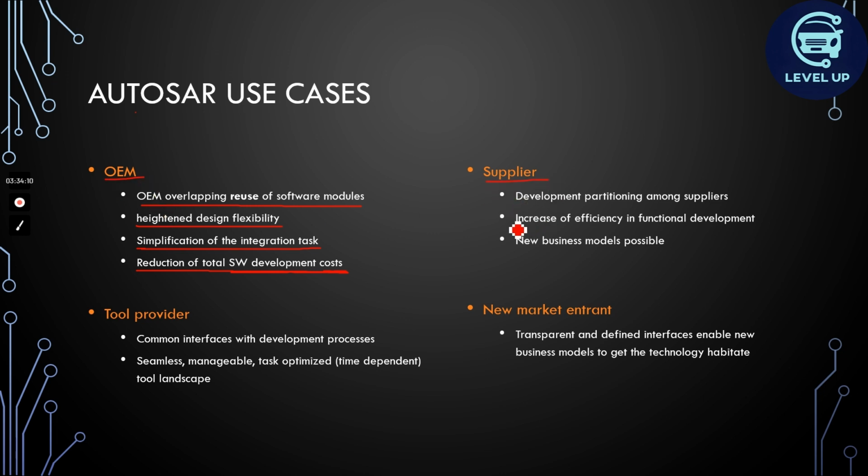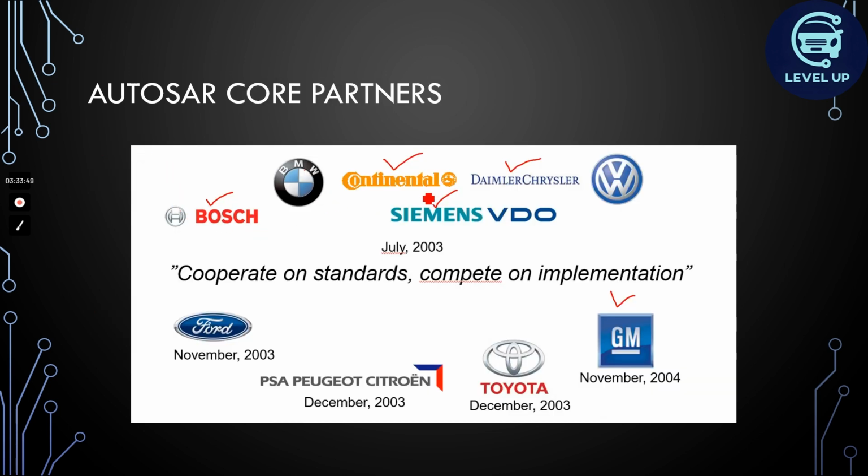Now, suppliers are the parties or companies who support OEMs to develop some of the features. Let's say they are implementing a diagnostic stack and providing it to the OEM. So the OEM is the boss, the car manufacturer, like BMW, Volkswagen, Toyota, GM.